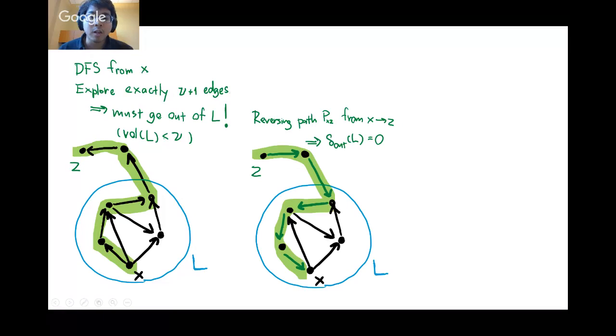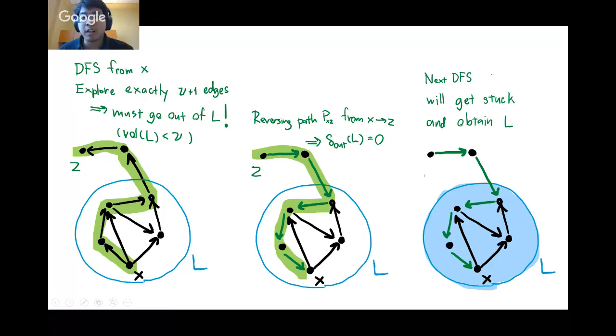Once you reverse the path, the cut size of L will become 0. It will decrease from 1 to 0. Now if you do the next depth first search, you will get stuck at L because you cannot go out from L. Okay, so this is a simple observation.